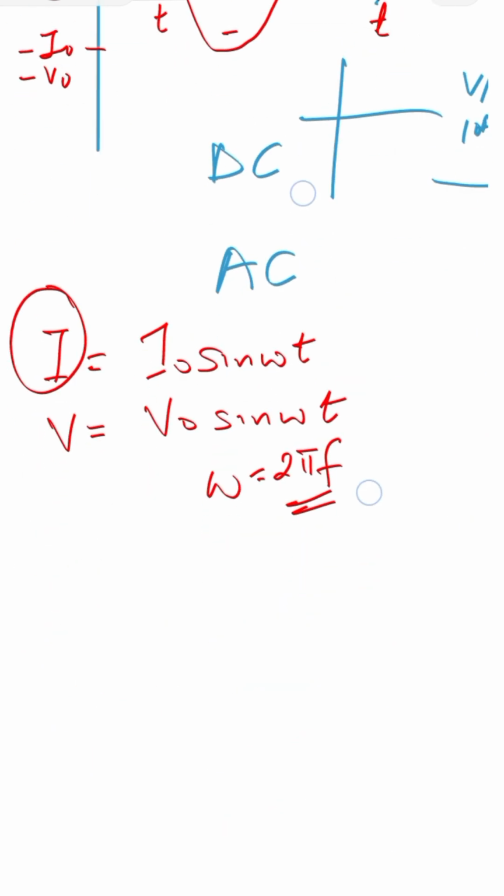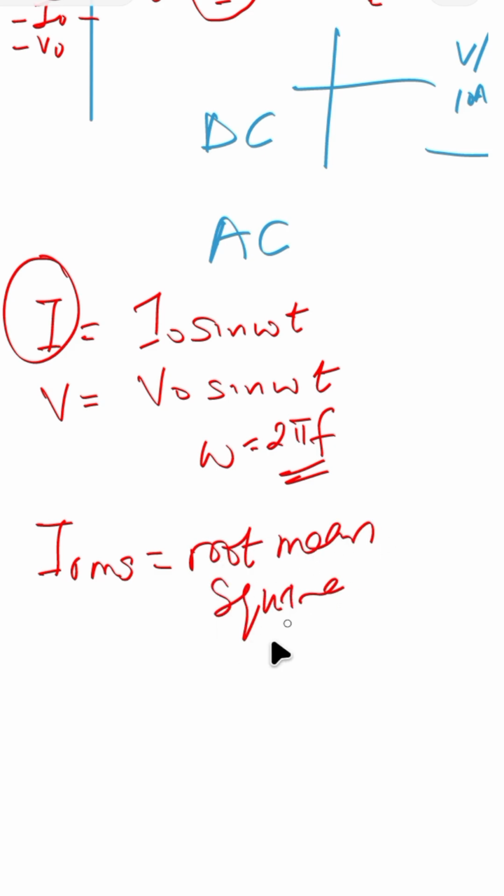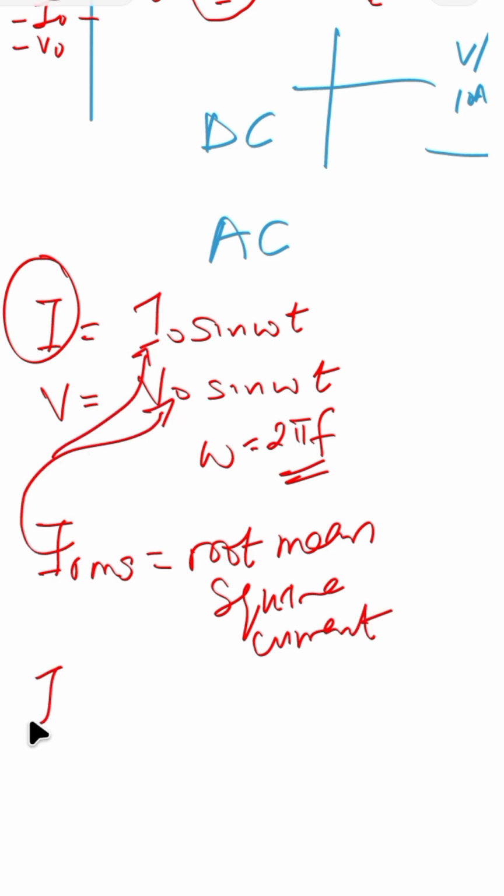And there's something called the IRMS value, which is written as IRMS. It stands for root mean square current, and it is related to this I naught or V naught by IRMS is equal to I naught over root 2.